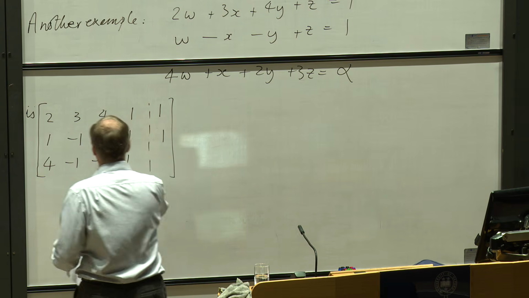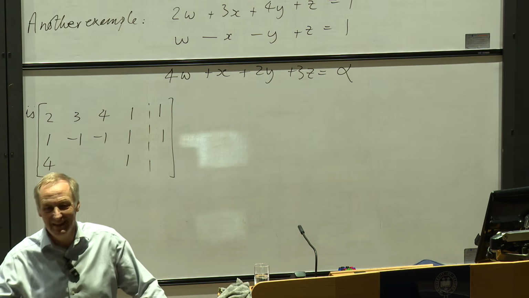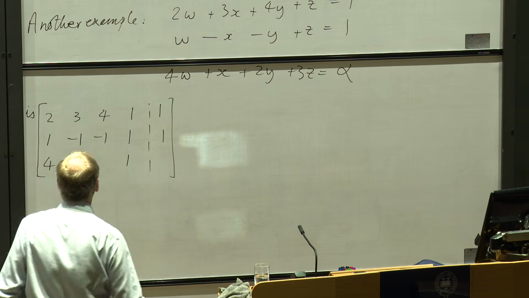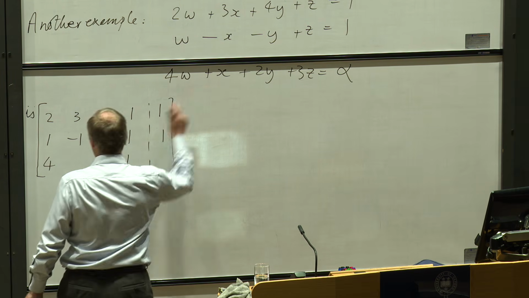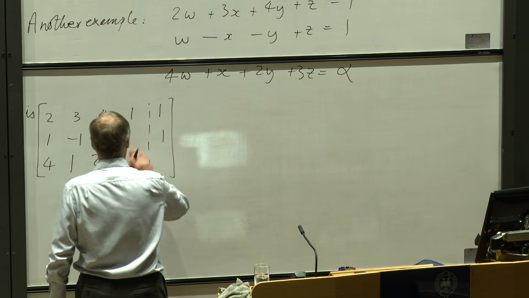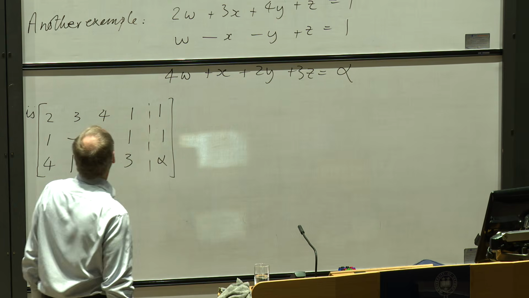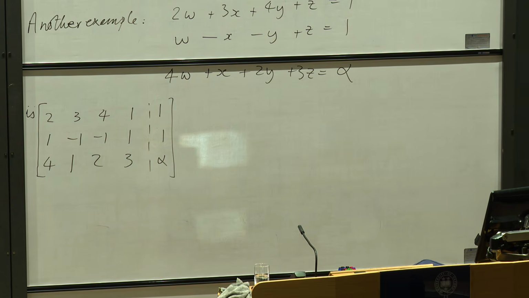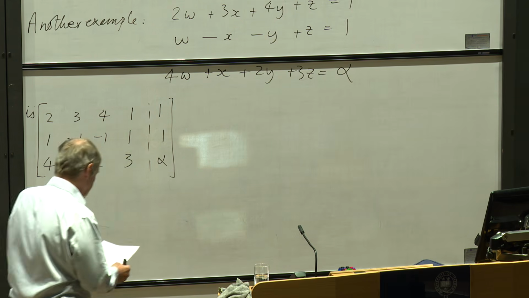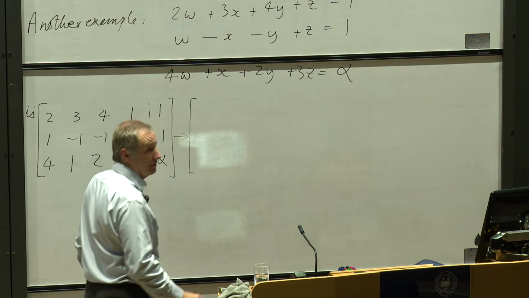Oh no, I'm writing down the same equation, sorry. This is the problem of being too close to the board. You can see it, I can hardly see the board. 4, so this equation I'm writing down, plus 1, right? Plus 2, and plus 3. That's this one here, and then there's an alpha down there. Okay, so here's another augmented system for this set of equations, and I'm now going to do Gauss elimination, okay?